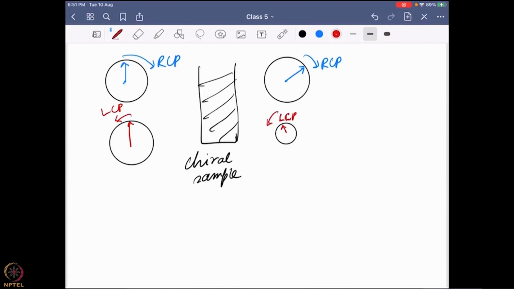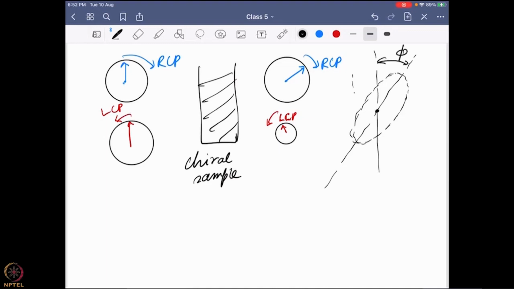So what you are going to see is the following: an ellipse which is going to be rotated on the right hand side. Why right hand side? Because I have drawn it in such a way that the RCP is moving faster than the LCP. So the plane will move on the right hand side from the beginning. So this angle will be the optical rotation.